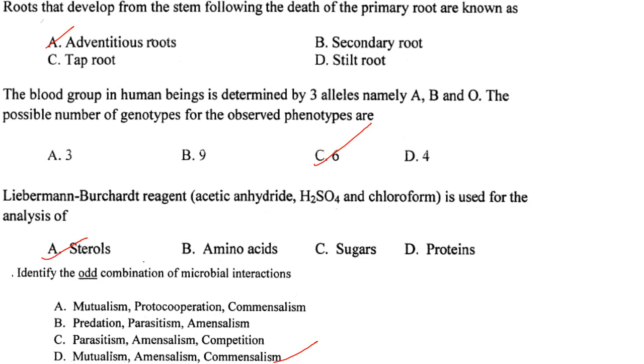That is, for A blood group you can have capital A and capital A, and A and O. Similarly, for B blood group you can have capital B and capital B, and B and O. Then you have got the AB blood group, that is capital A, capital B, and then O, capital O. So the answer is option C, that is 6.